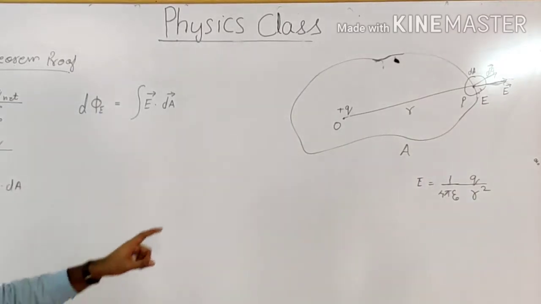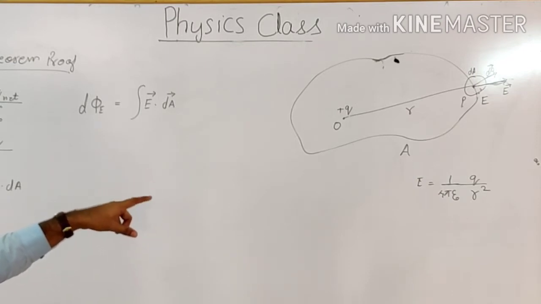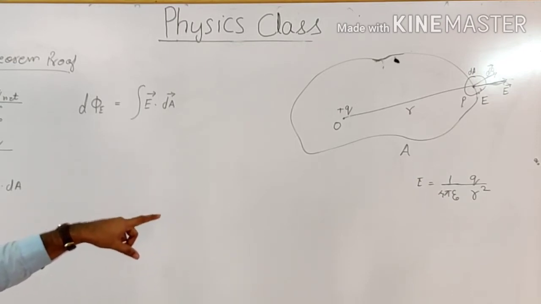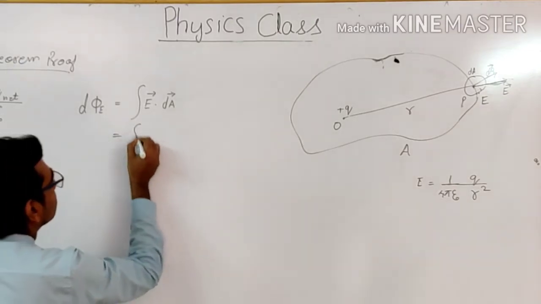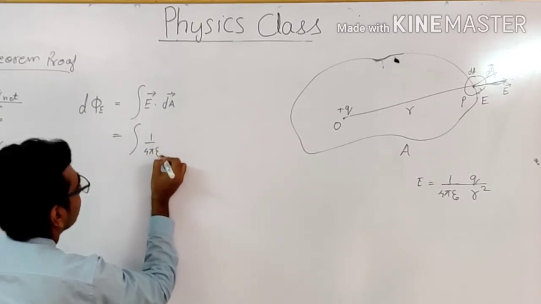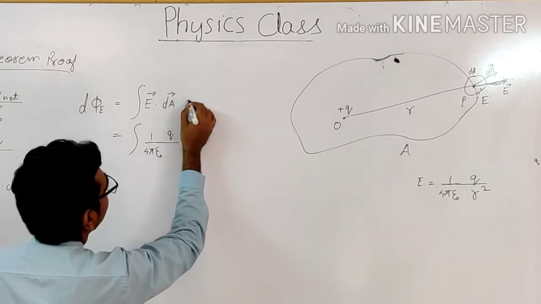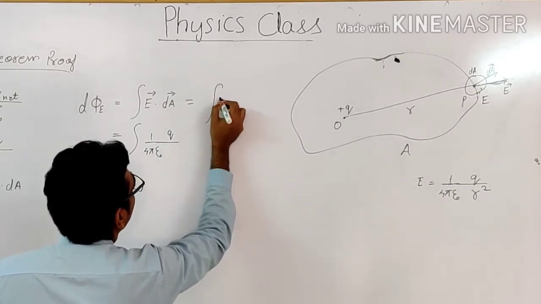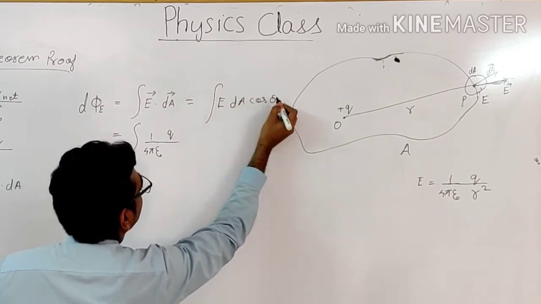This is the formula from Coulomb's law. We know for a point charge, the electric field at a particular point can be calculated as 1 by 4 pi epsilon naught Q upon R square. So we'll put that in this. We'll get 1 upon 4 pi epsilon naught Q upon R square, and the dot product will be expanded as E dA cos theta.